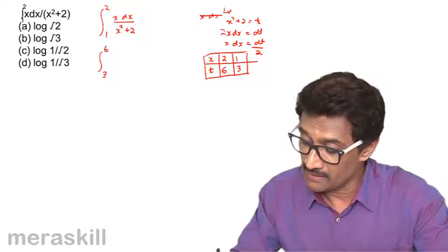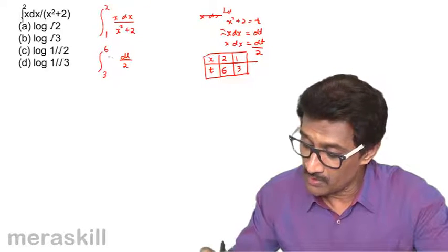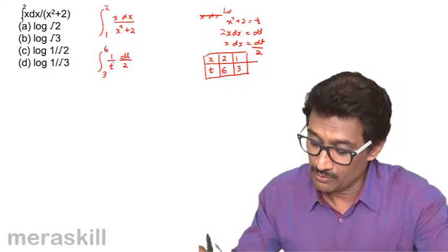x dx is nothing but dt by 2 upon x square plus 2, 1 by 2.